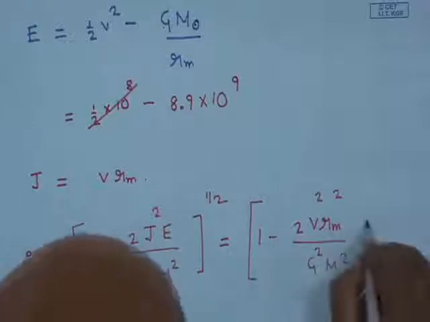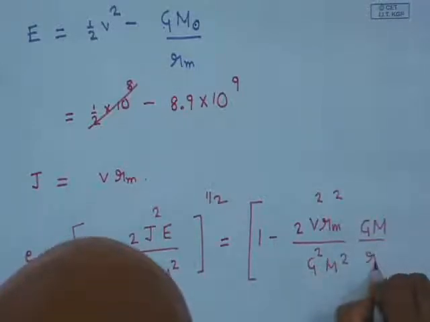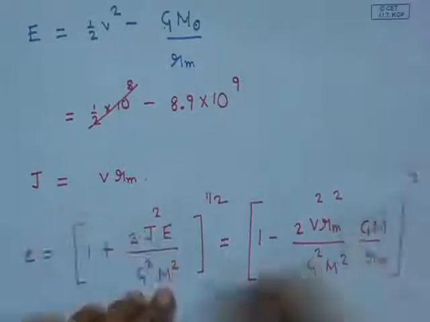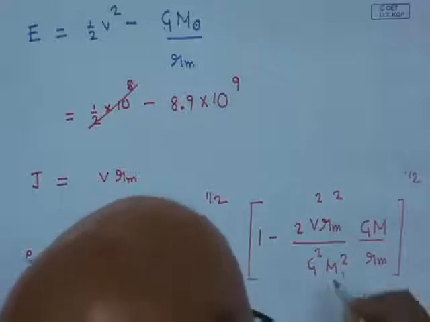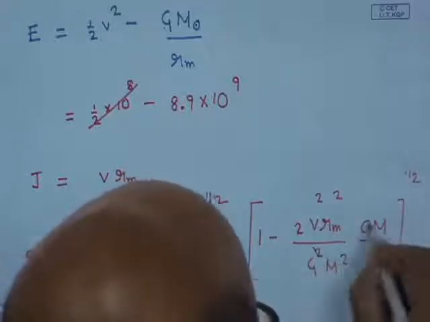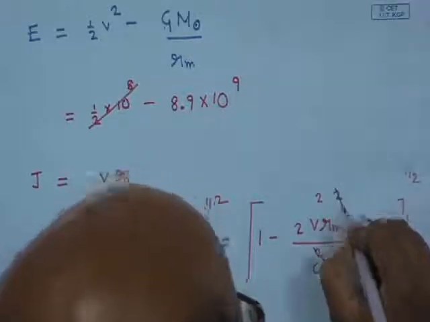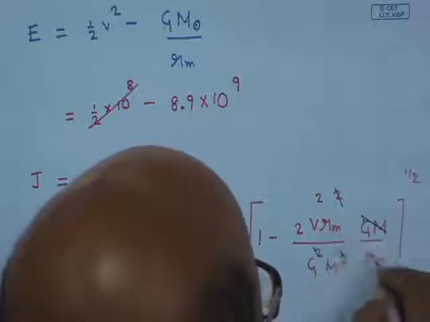Energy is minus G M by r minimum, to the power half. That is the eccentricity. What you see here is that a factor of G M cancels out with this, one factor of v cancels out, and one factor of r cancels out with this.